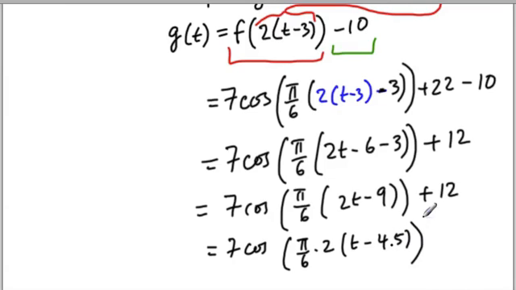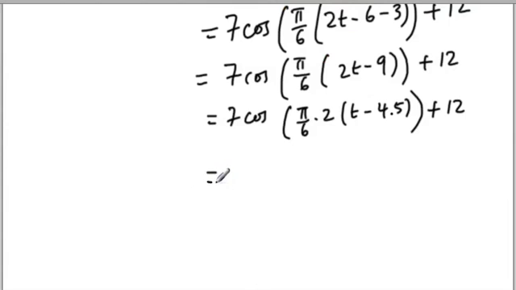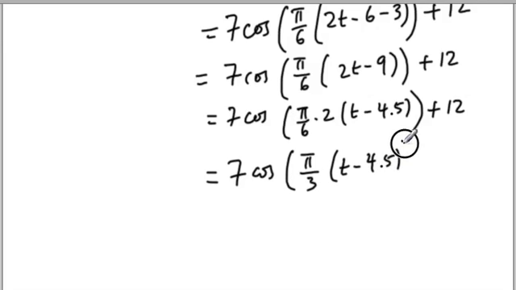Make sure that you understand this step because it's kind of crucial. All I did was I factored out 2 from this bracket over here, and if I factor out the 2, the 9 gets divided by 2 and so it's 4.5, because 2 times 4.5 is equal to 9. And I can simplify this in one more step, so it's equal to 7 cos, and now pi over 6 times 2 is really just pi over 3, and it's t minus 4.5 plus 12.